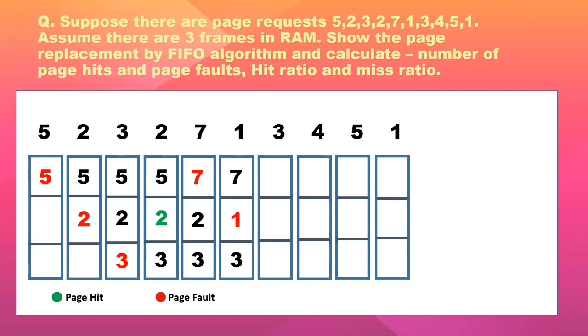Now the requested page is 3 and it is present inside the RAM, so it's a page hit. Now the requested page is 4 and it is not present inside the RAM, so it is obviously a page fault. And between 7, 1 and 3, which page came first inside the RAM? That is 3. So 3 is replaced by page number 4.